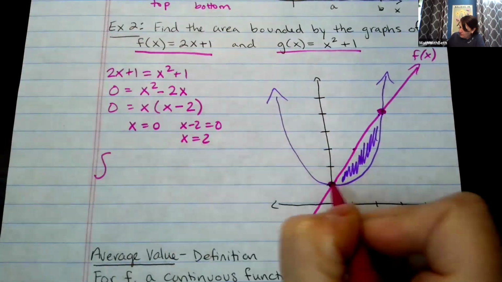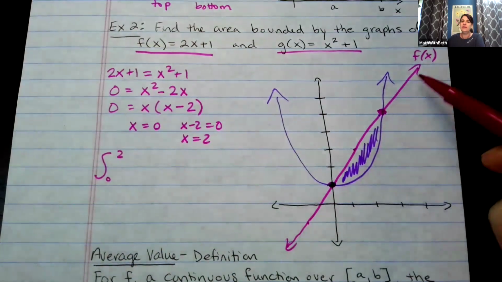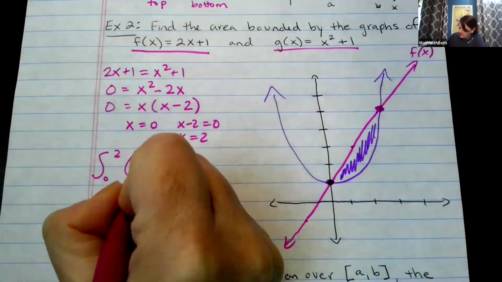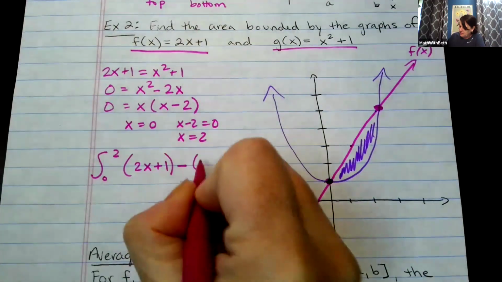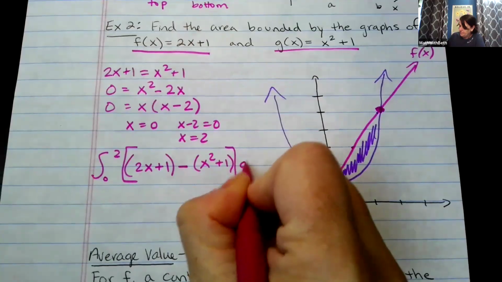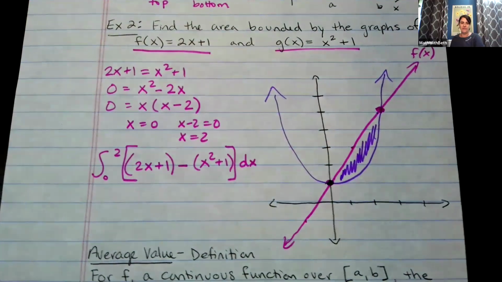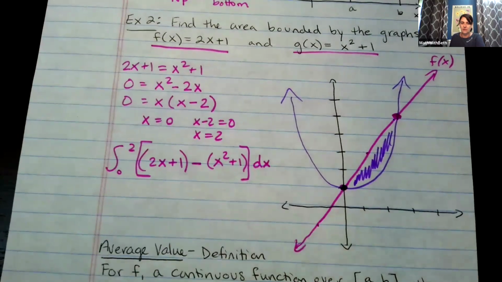So I know I'm going to do the area between 0 and 2, and I can clearly see that the top function was the line. So that's what I'm going to do first, minus the parabola. That is what I need to find the antiderivative of so I can do my definite integral.